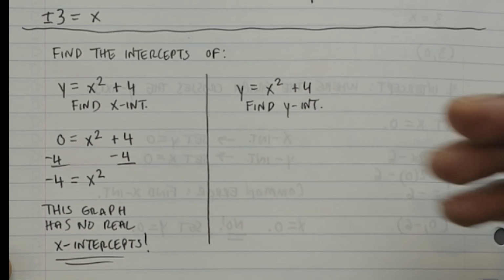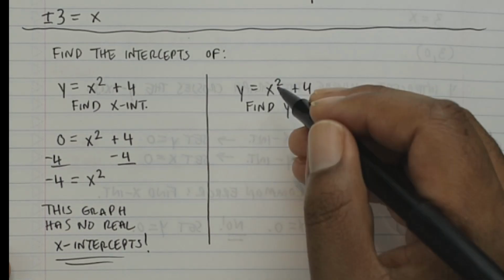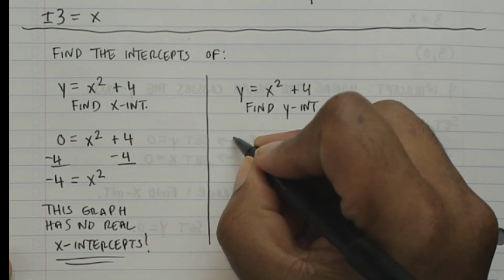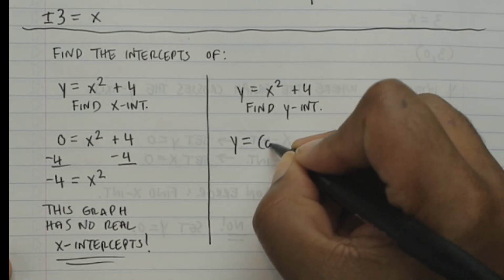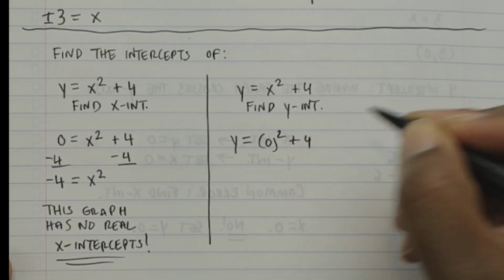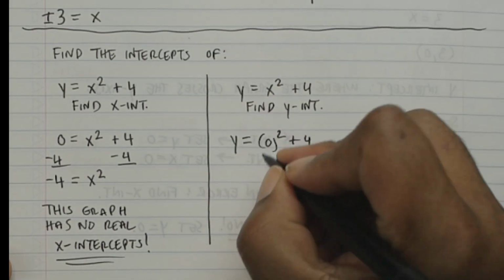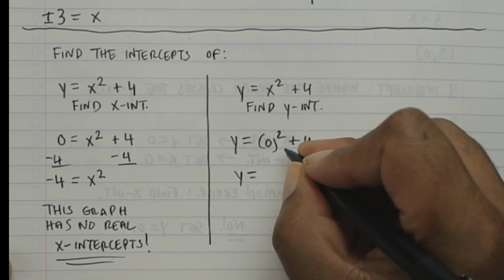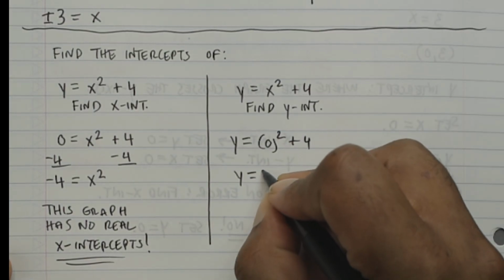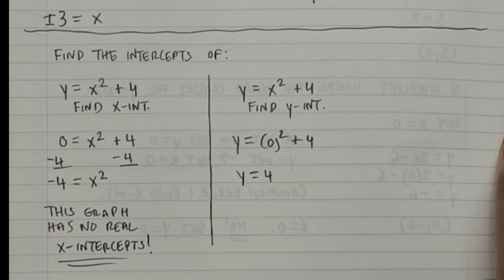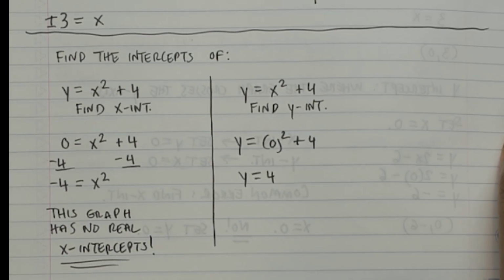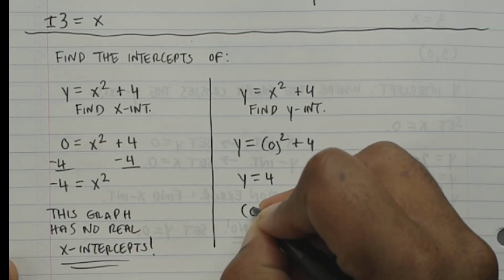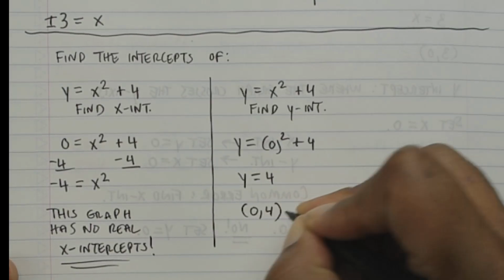So again, in order to find y-intercepts, we have to let x equal 0. So y equals 0 squared plus 4. Y equals 4. Therefore, the y-intercept is 0, 4.